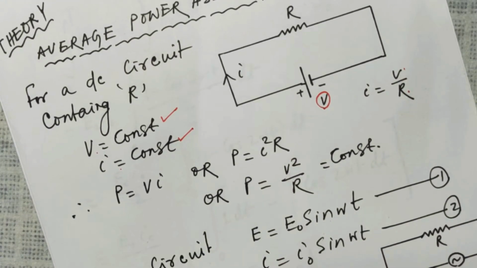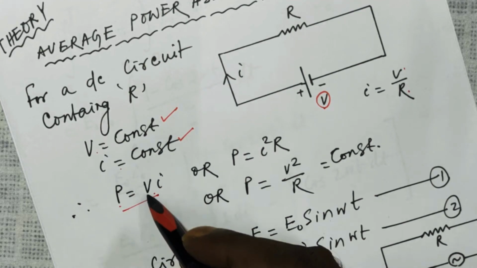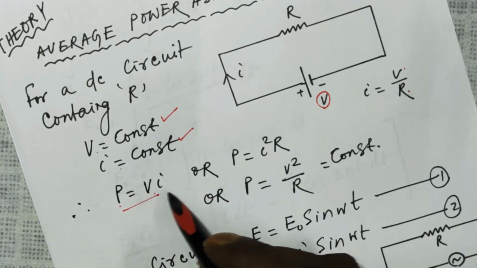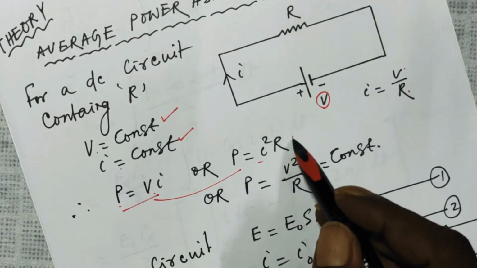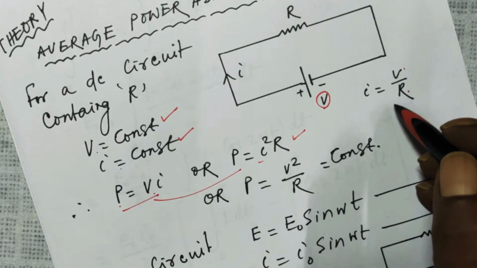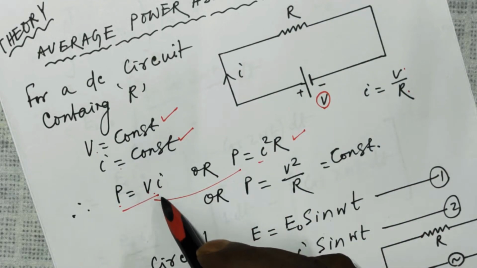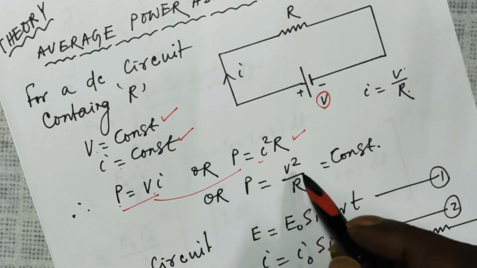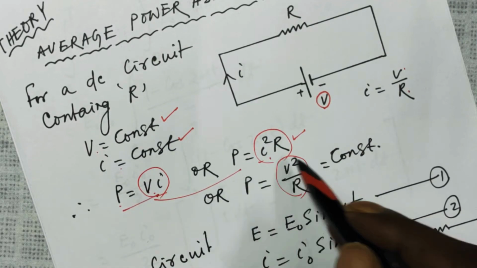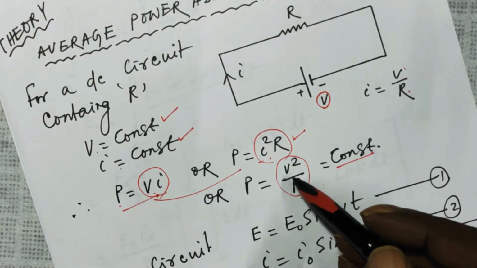And the power we had derived in current electricity, power is equal to VI. And from Ohm's law, V is equal to IR. So if I substitute IR, current into resistance for V, your power becomes I square R. Or if you substitute I is equal to V by R for I, then V into V, V square over R. So all this power, this as well as this, they are constant, because V is constant, R is constant, I is constant.